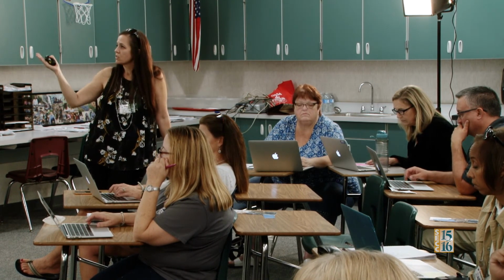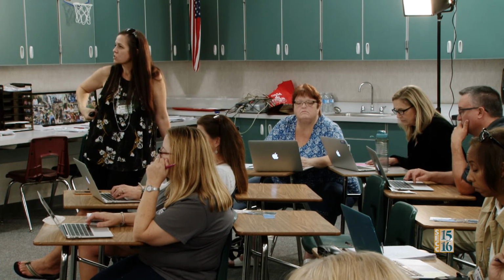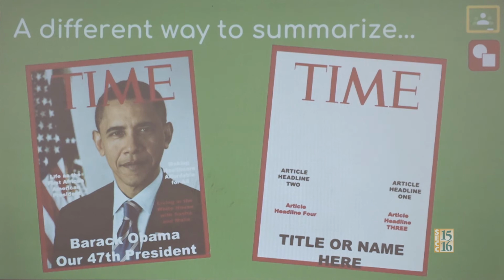They insert the picture, and instead of saying, this text told me that Barack has 2 daughters named Sasha and Malia, they put it as an article title on the cover. Living in the White House with Sasha and Malia. Life as the first African American president. They pulled out the key details from the text and inserted them there. Just a different way to show what they know.